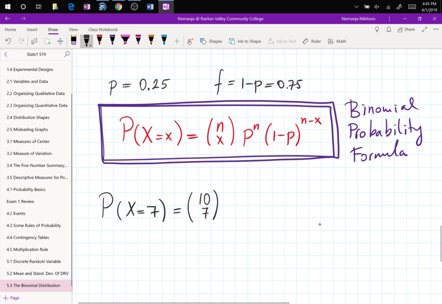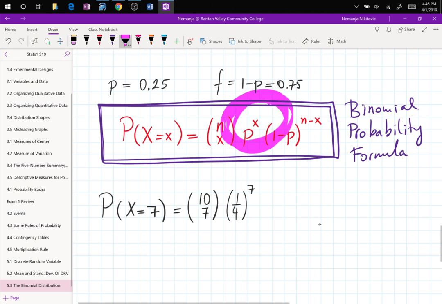And now the rest is the probability of success, which is 1/4, raised to the n, oh guys, I have this wrong. It should be x, not n. Please fix this in the formula.